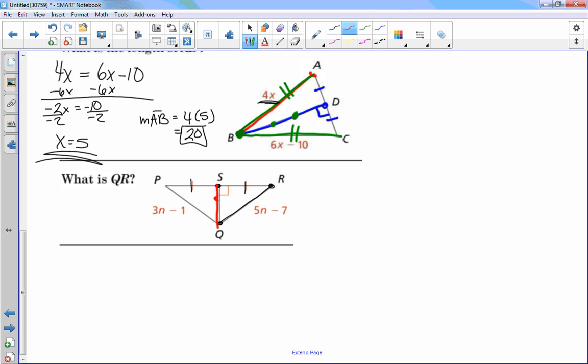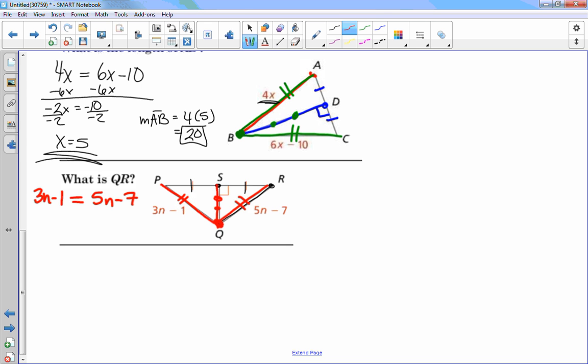Any point along the bisector, in this case Q, if we connect it down to the endpoints, these two lengths have to be what? We have a C word for that in geometry. Congruent. So we can put them equal to each other: 3n minus 1 has to be congruent or equal to 5n minus 7.